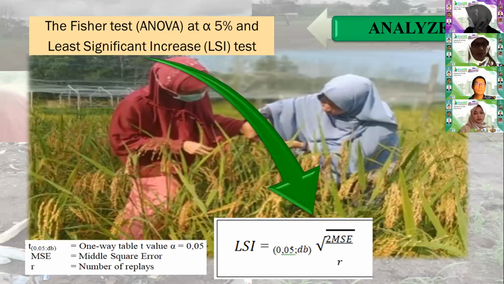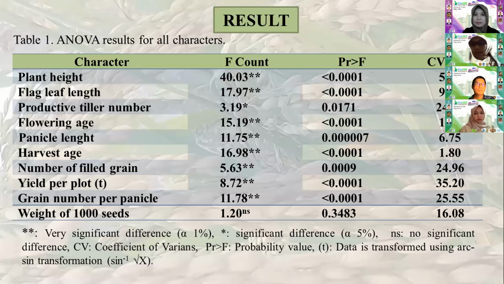Analyze the result with the Fisher test or ANOVA at alpha 5% and least significant increase or LSI test. The results show that all lines show a very significant difference at alpha 1% on all parameters except for the productive tiller number, which had a significant difference at alpha 5%.